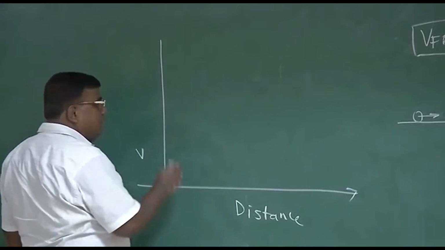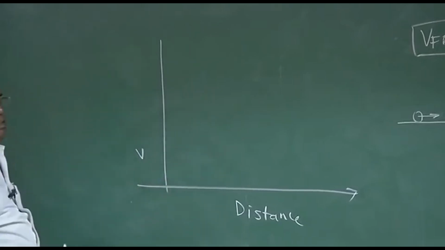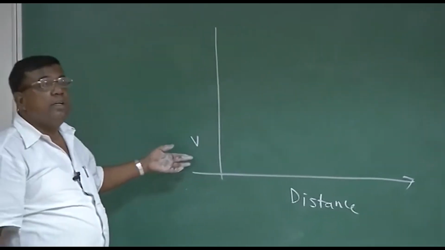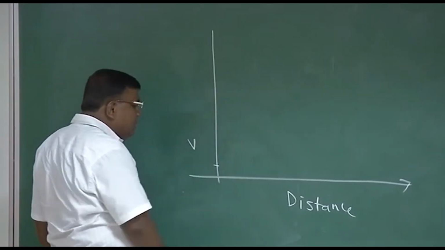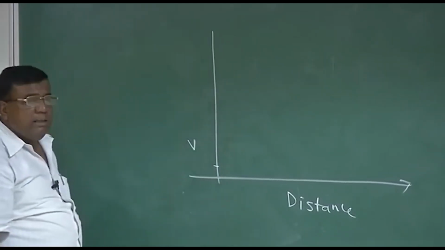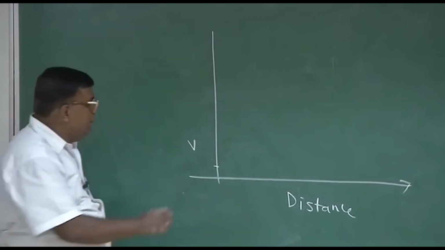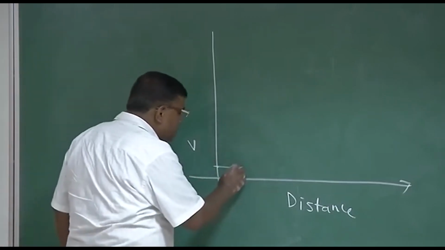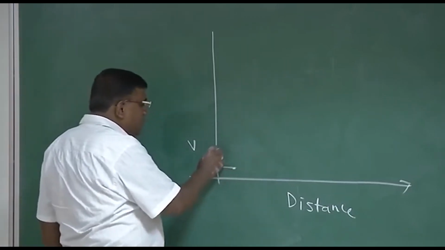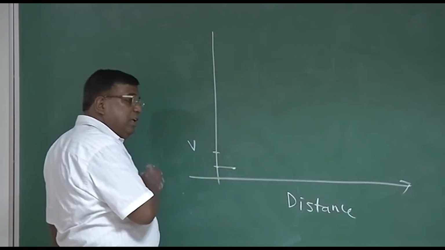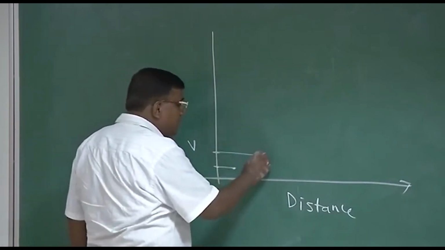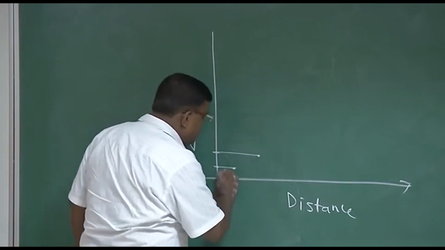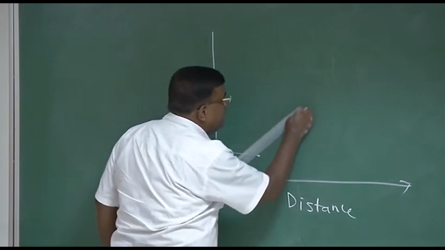I try to plot the trend of braking distance versus different initial speed. For example, suppose the airplane has just failed as far as one engine is concerned too early, and let's say the braking distance is this much. As the speed at which the airplane engine has failed increases, the braking distance will go on increasing. So let us say that variation is something like this.